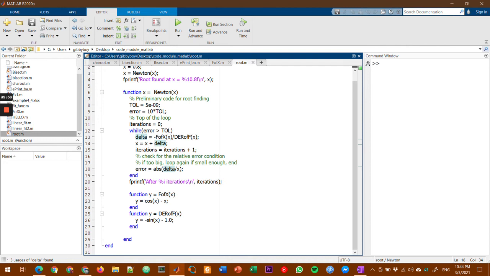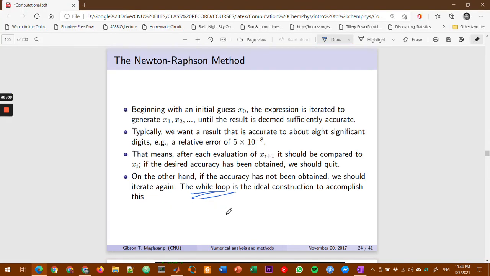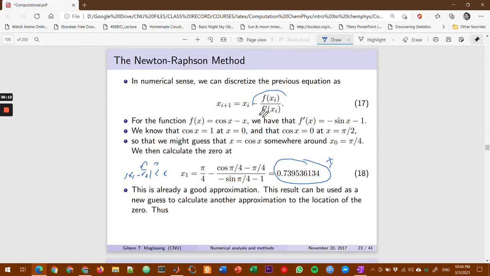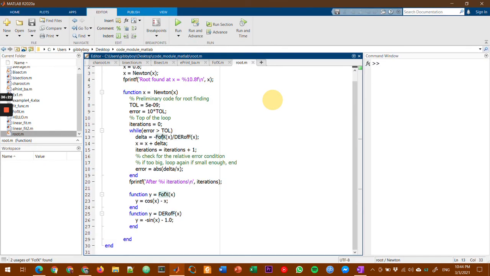So I have your delta, which is just a variable: f of x over f prime, or the derivative. That's why it's called delta. Okay? So your Newton-Raphson equation is just this: x equals x plus that delta, or f of x over the derivative of x, right?